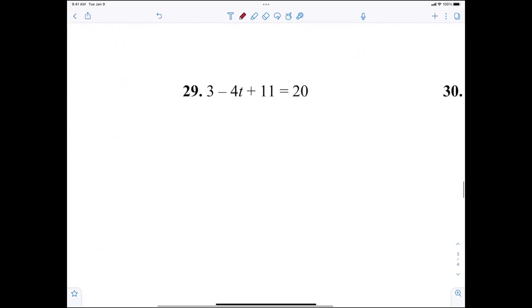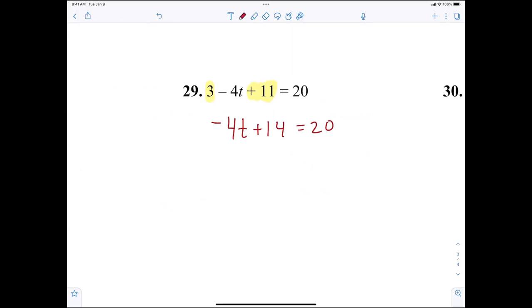So first one, combine like terms. The two like terms are 3 and 11, so we get 14 minus 14 equals. Wait a minute, let me get caught up with you. That's the first step. Now, look up and make sure you're okay with that being -4t plus 14.